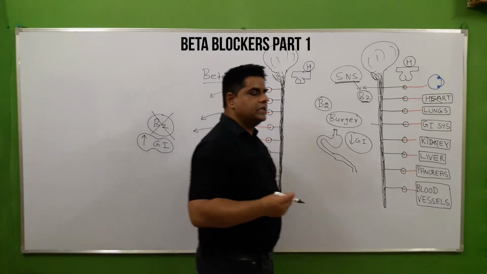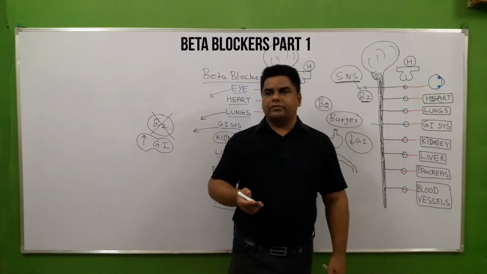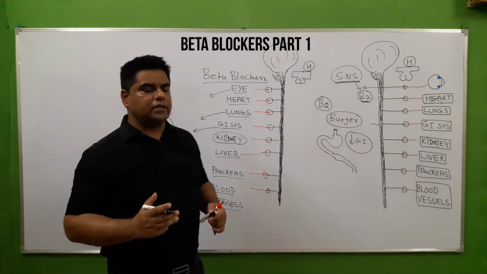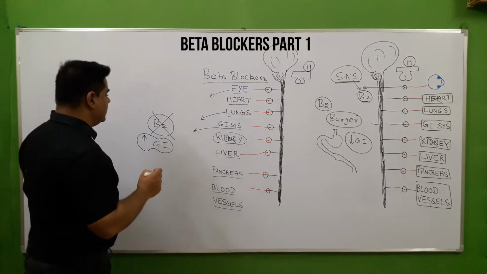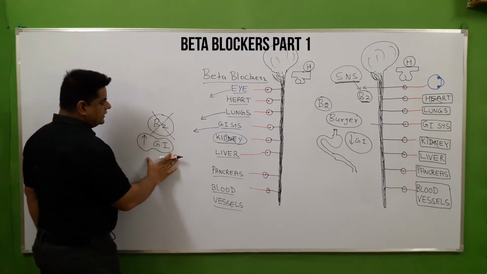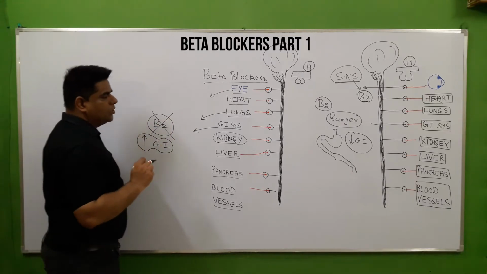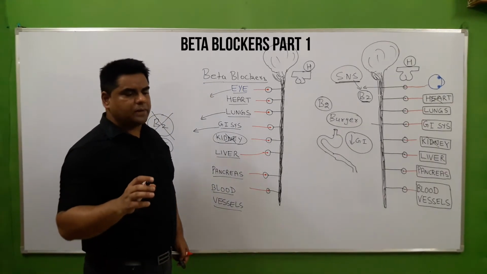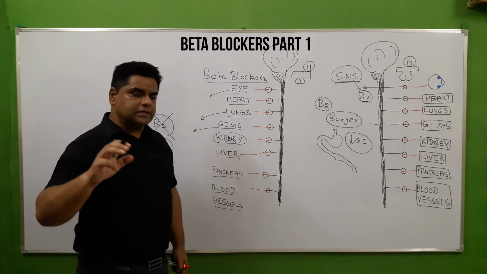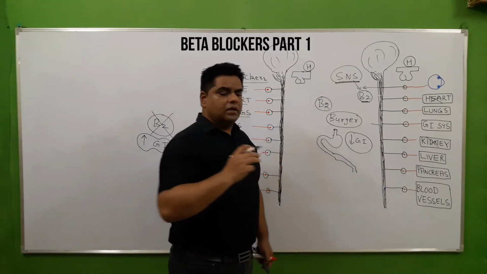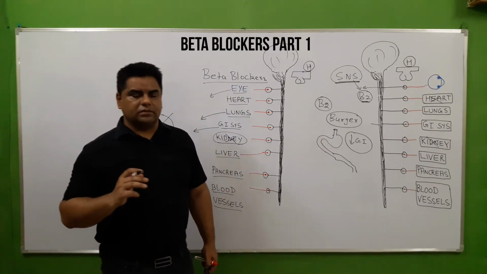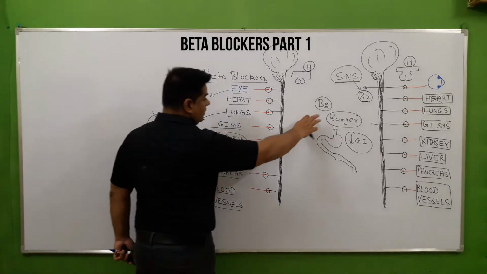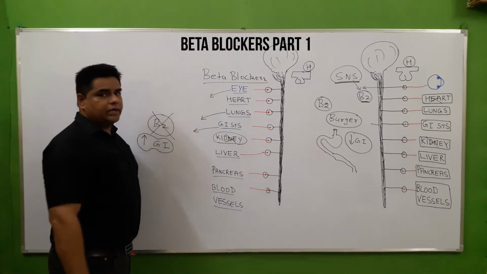So here comes the nursing consideration: if the patient is on beta blockers, educate the family members and the patient about the side effects of beta blockers, especially beta 2 adrenergic receptor blockers. Beta 2 receptors are present in the lungs, GI, liver, uterus and blood vessels. Please keep reminding yourself where these receptors are located.